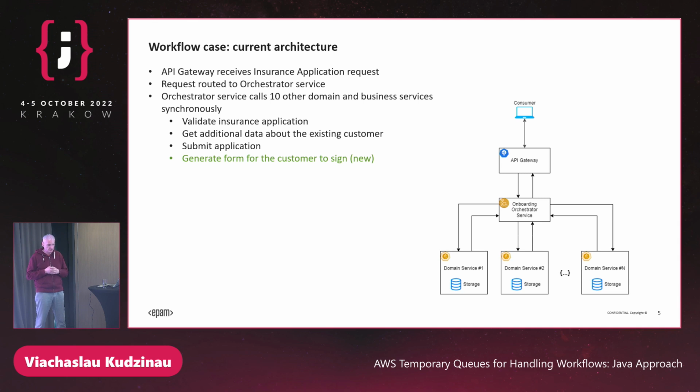So: validate the insurance application, get additional data about the existing customer, submit the application, and the green one here is generate the form. That was given to us, and we, as an independent cross-functional product team, need to deliver everything to production and support it in production, and they are expecting us to tell them how to do it.